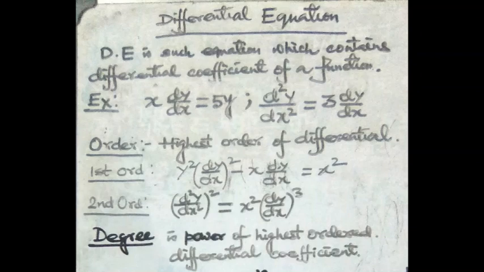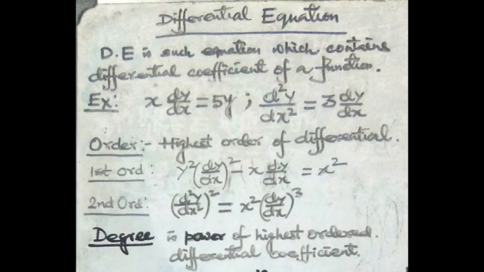The order of a differential equation is the highest order of the differential coefficient present in that equation. For example, a first order equation example is y^2 (dy/dx)^2 minus x dy/dx equals x^2. In that case, the highest order derivative is simply dy/dx. So there is no second derivative.